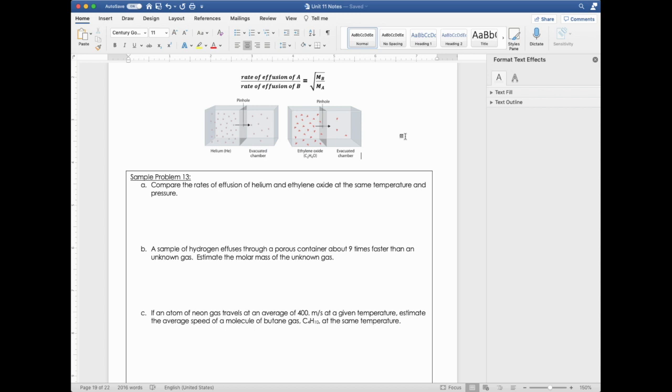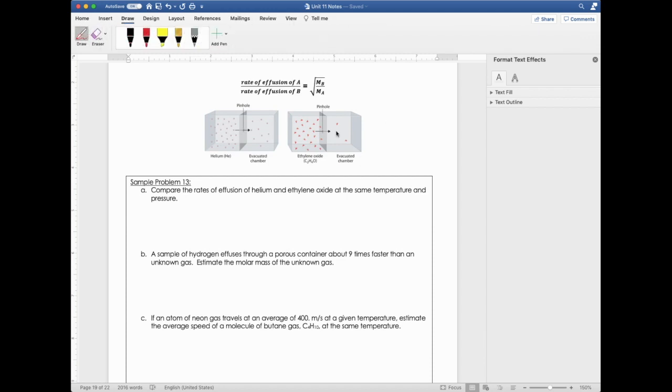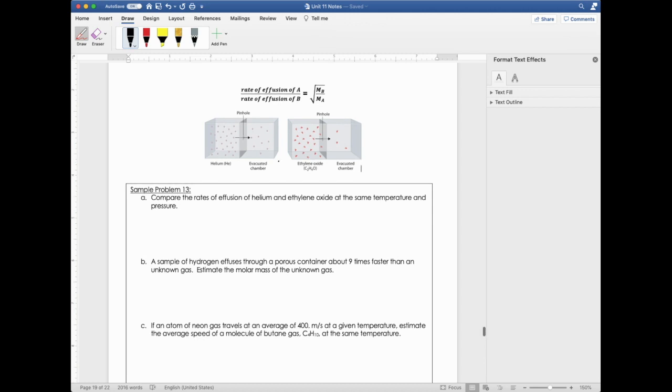Compare the rates of effusion of helium and ethylene oxide at the same temperature and pressure. So we're going to compare how fast helium moves through this hole versus how fast ethylene oxide moves through this hole, because they're going to be different since ethylene oxide is much heavier.